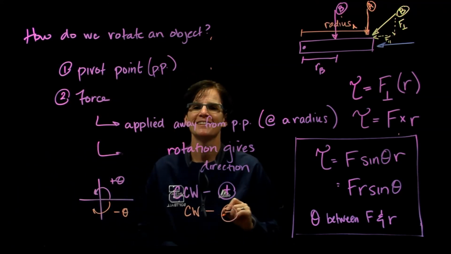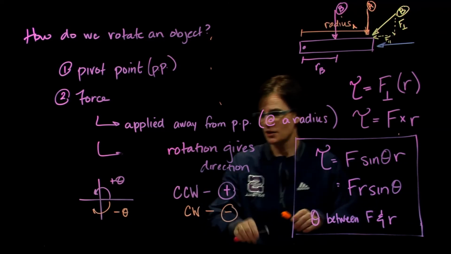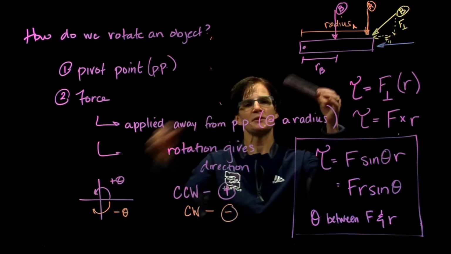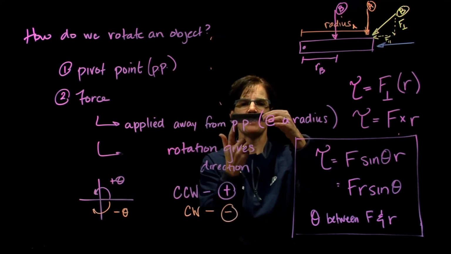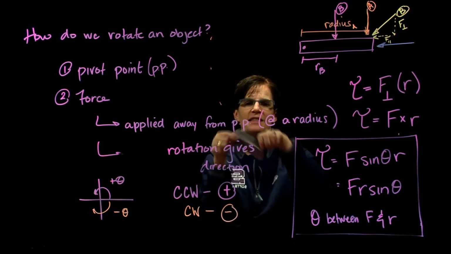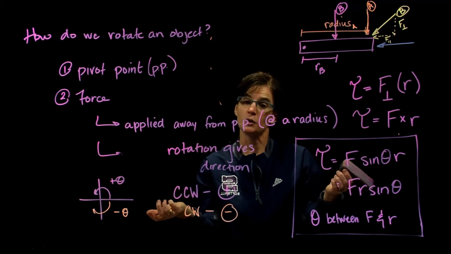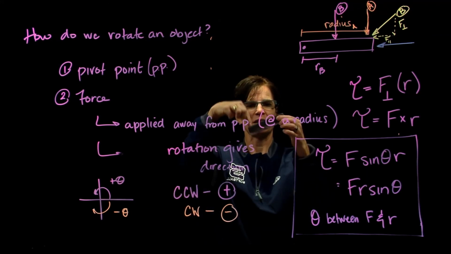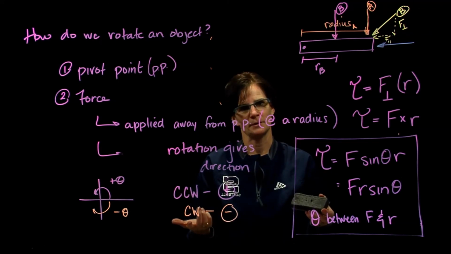Clockwise rotation gives me a negative torque. If I apply a force in this direction and rotate the eraser in this clockwise direction, I've exerted a negative torque. If I rotate the eraser in the counterclockwise direction, I exert a positive torque.